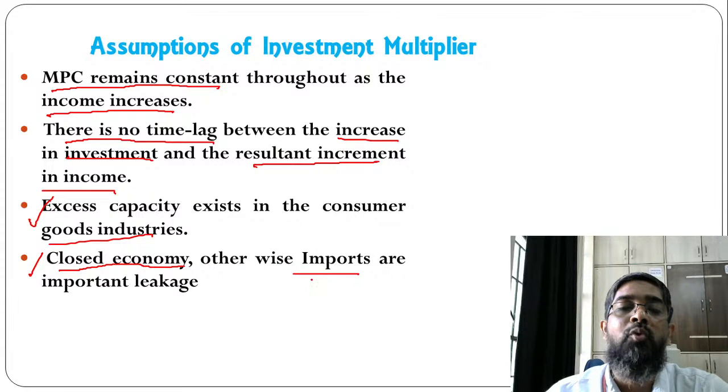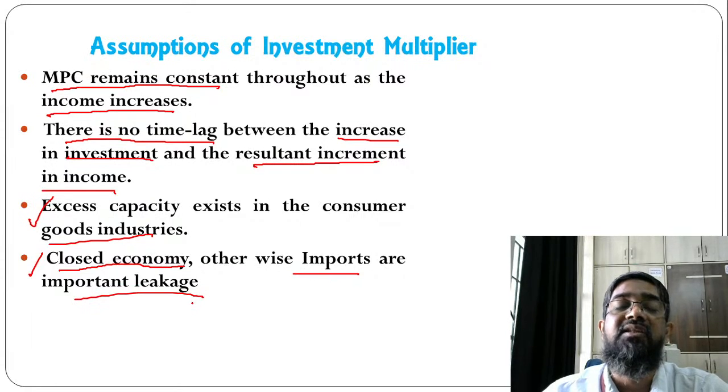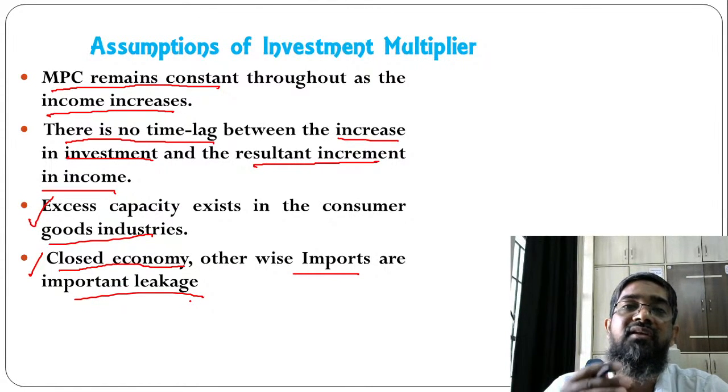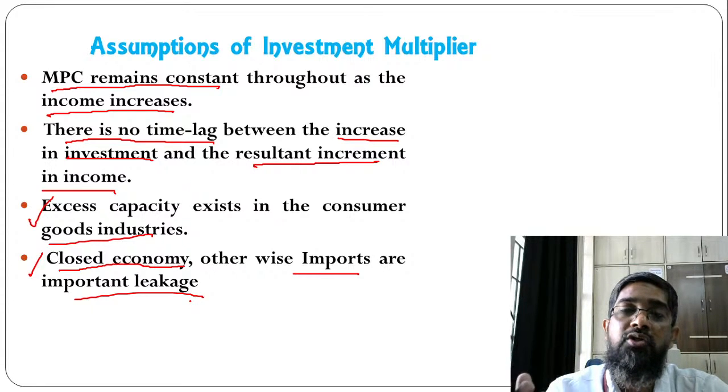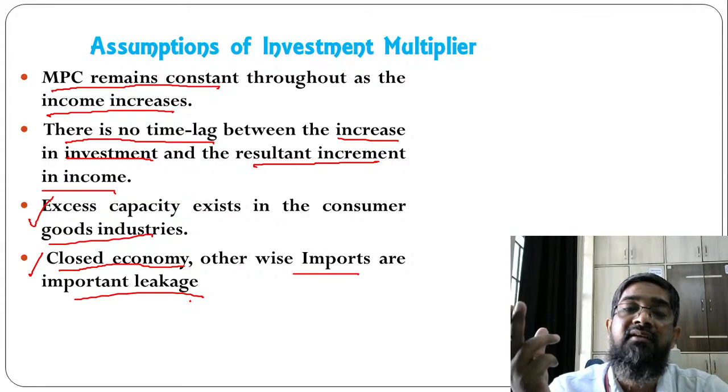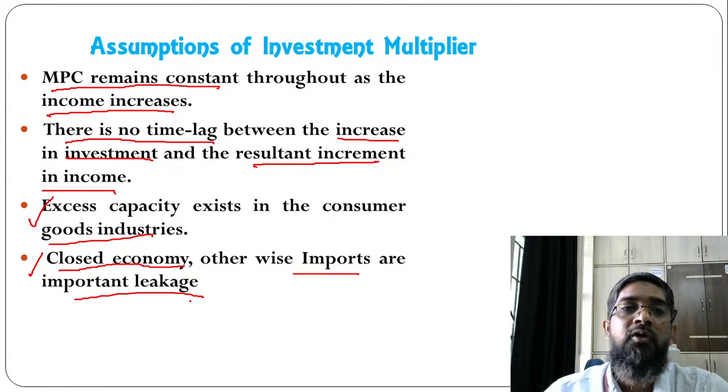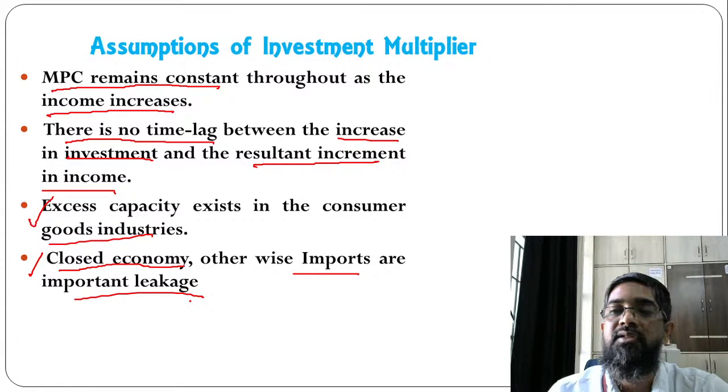So import becomes one of the leakages in the multiplier process, because whenever increased income as a result of increase in investment goes to payment of imports, the income of that country will increase rather than the domestic country, right? So import is one of the, we will study under the heading of leakages of investment multiplier. So these are 4 important assumptions of investment multiplier. Is this clear, students?